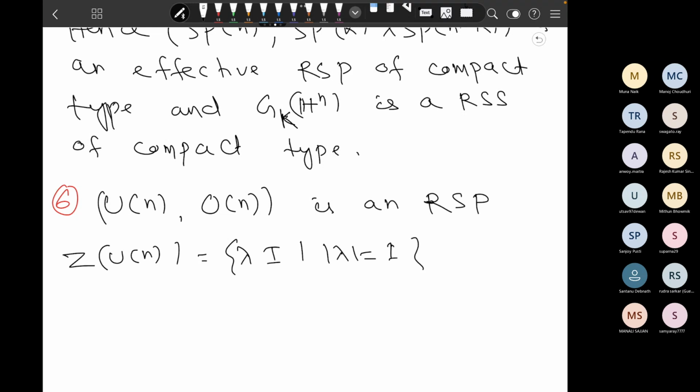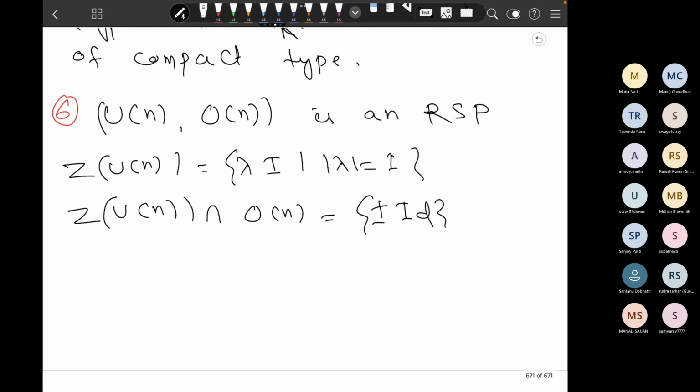Now if you look at Z of UN intersection ON, you are taking intersection with real matrices. For that reason, that will be plus minus identity, and this is finite. Hence the Riemannian symmetric pair is effective.